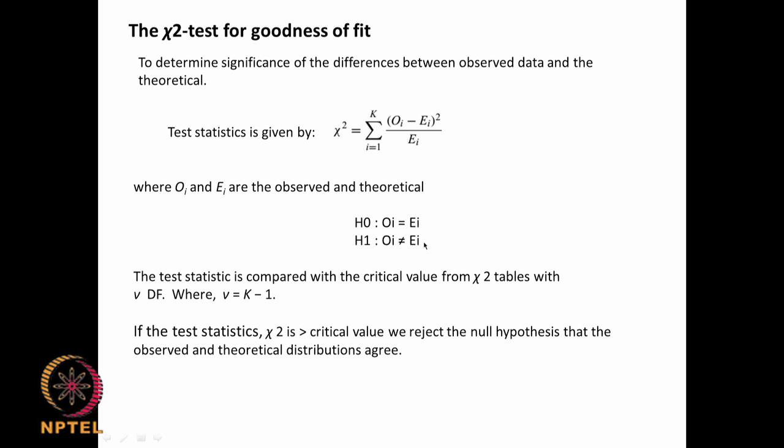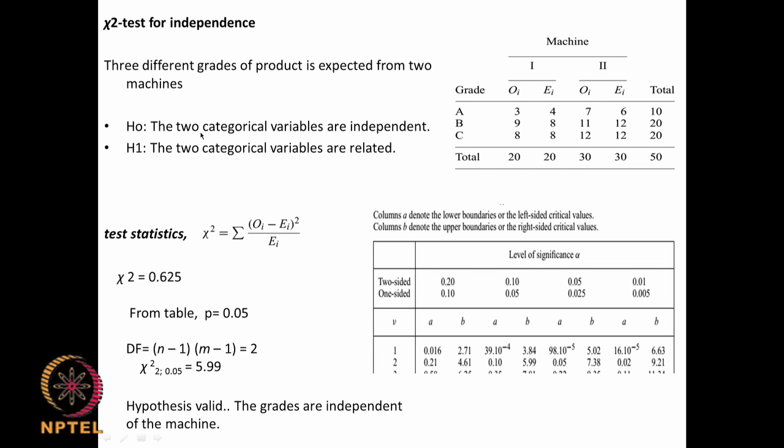Again we compare the test statistic with the table, and if the test statistic is greater than the table critical value, we say the null hypothesis can be rejected. It can also be used for dependence or interdependence, like I said, whether poor workmanship is related to the type of shift, or whether poor results are related to the instruments we use.